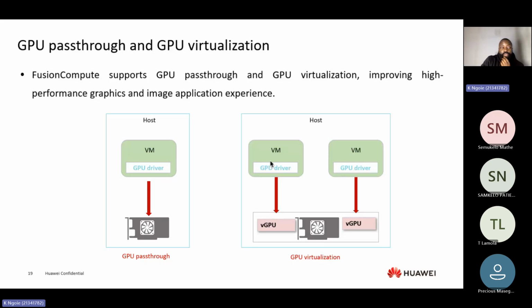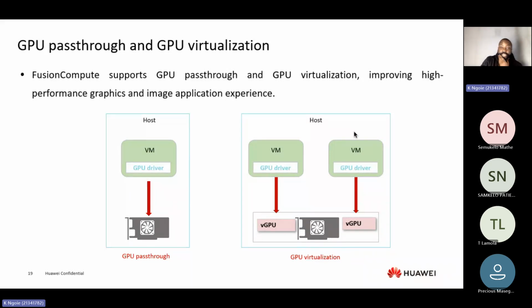But now we can take one physical GPU and virtualize it into multiple virtual GPUs, called vGPUs. This means we can now use it on multiple VMs, not just one VM.